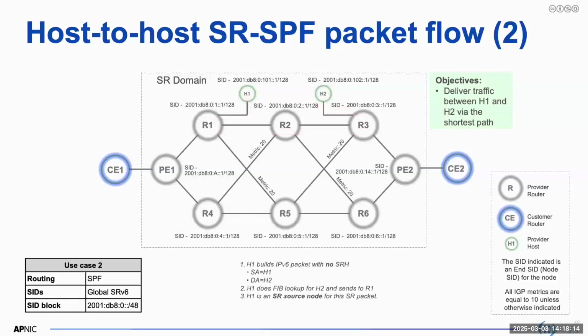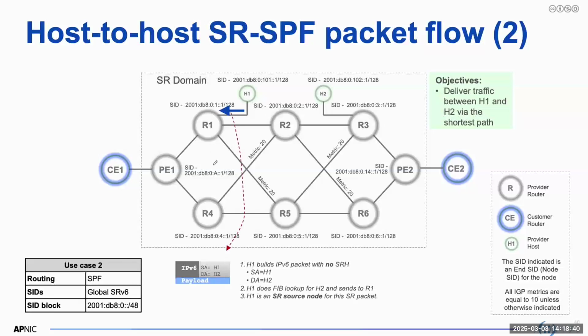If we need to use the shortest path, how will we build the SRH? In this case, H1 builds an IPv6 packet without the segment routing header. We do not need to attach the SRH, because if we just specify the destination address, it will go up to H2. So the source is H1 and the destination is H2.